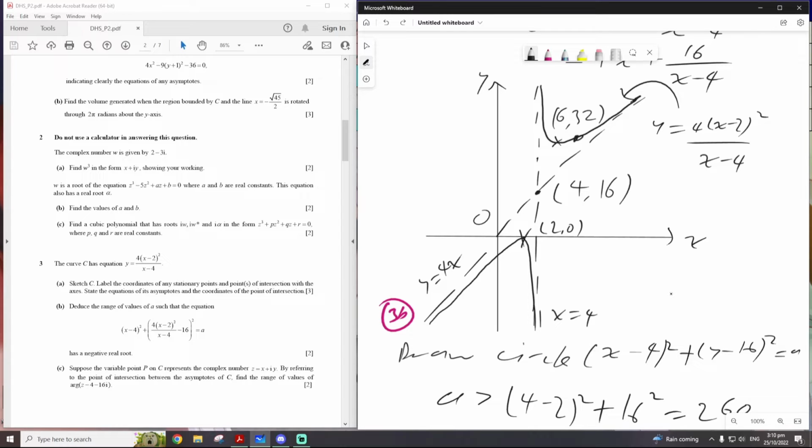But also, P could also be on the other side. The problem here is that the principal range of the argument is not defined. So I'm going to go with the negative pi to pi definition.